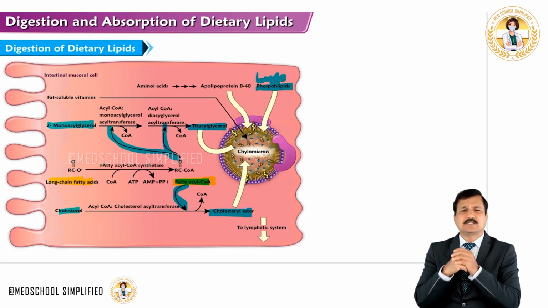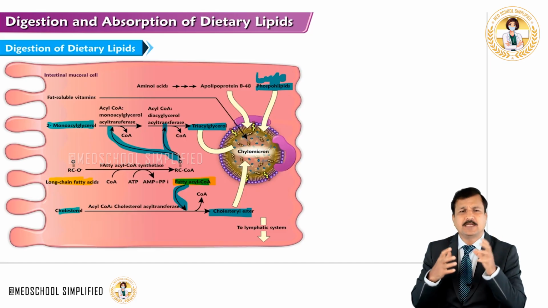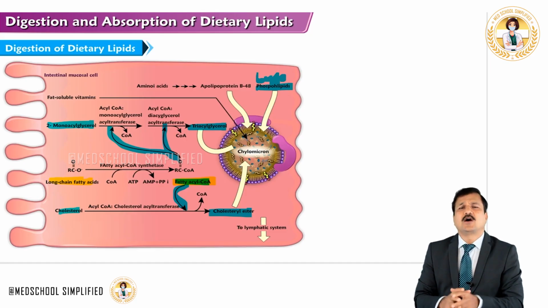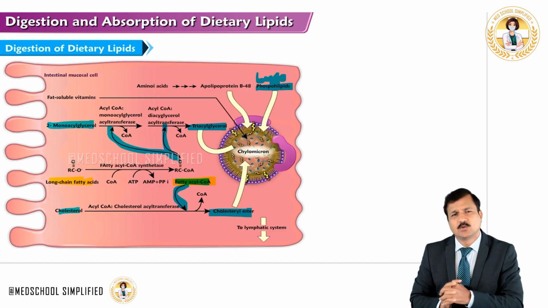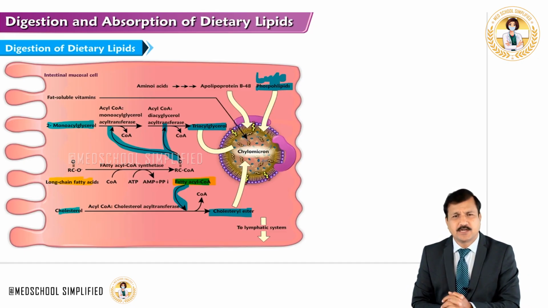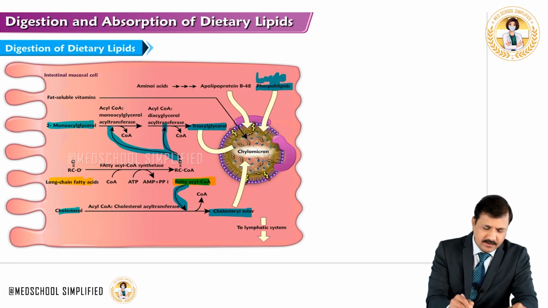And now all these complex molecules made from the reesterification process, along with vitamin A, D, K, are present in the smooth ER and will be transported to the rough endoplasmic reticulum, where a protein called ApoB48 is present.